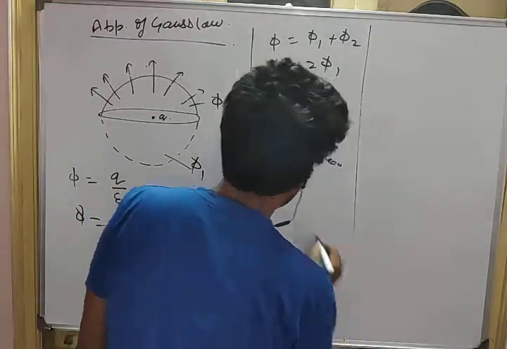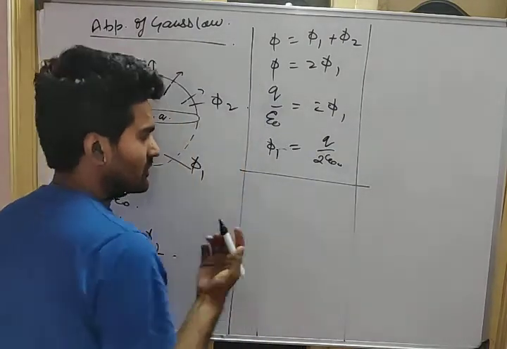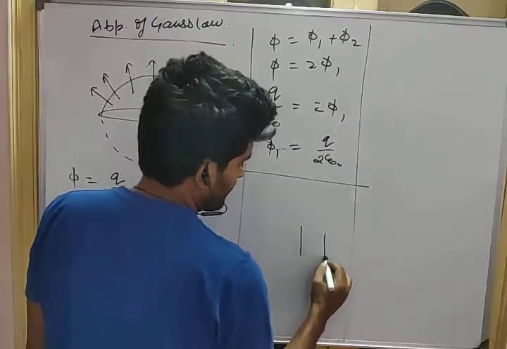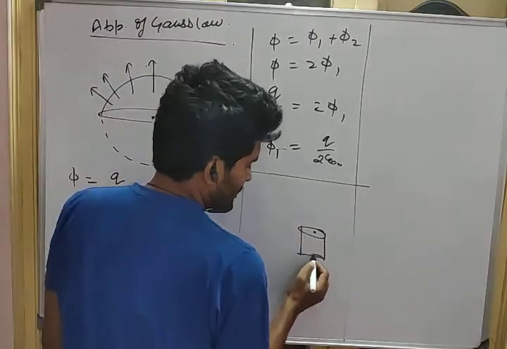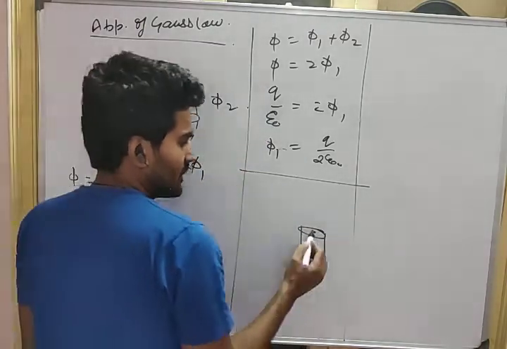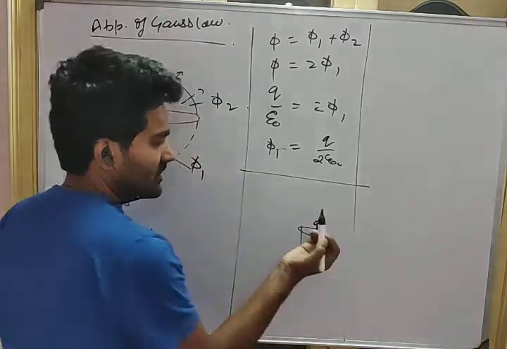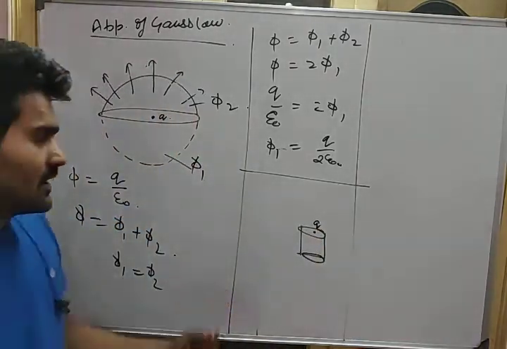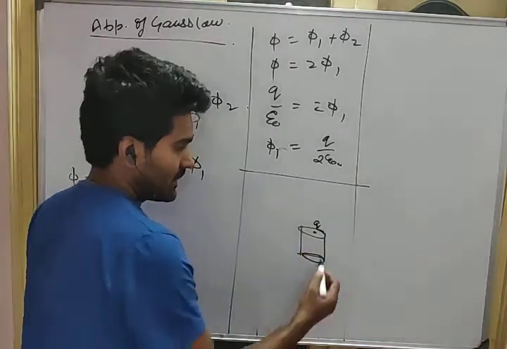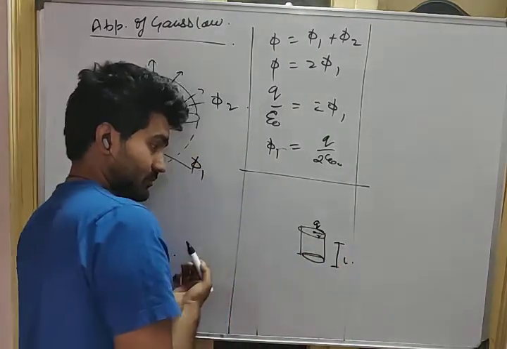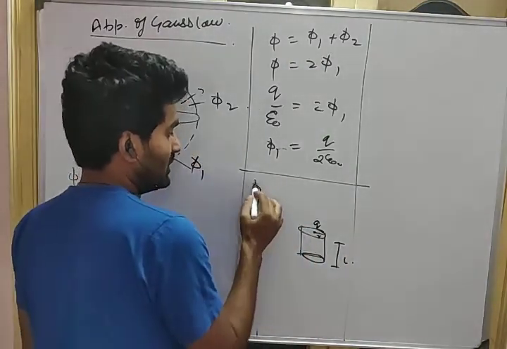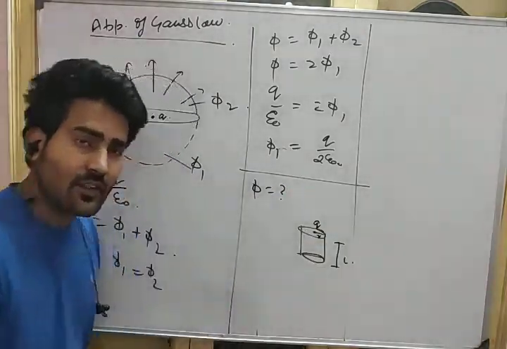We have to find the flux leaking out of a cylindrical surface. Let us suppose this is a cylindrical surface and we keep a charge Q at the center of the top surface of the cylinder. The length is L and the radius is R. How do we find the flux?